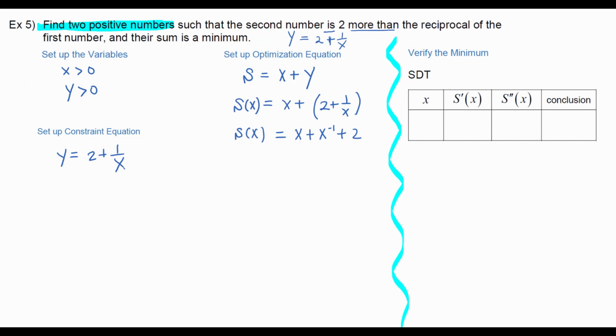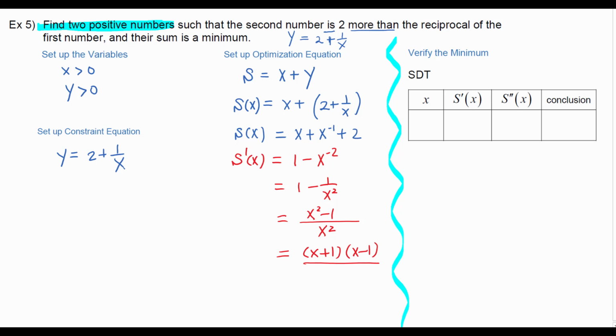So I'm ready to take the derivative of this guy, and s prime of x is 1 minus x to the negative second power, which is equal to 1 minus 1 over x squared, which is equal to x squared minus 1 over x squared then, and x squared minus 1 factors, x plus 1 times x minus 1 over x squared, and you can see this will be undefined if x was 0.